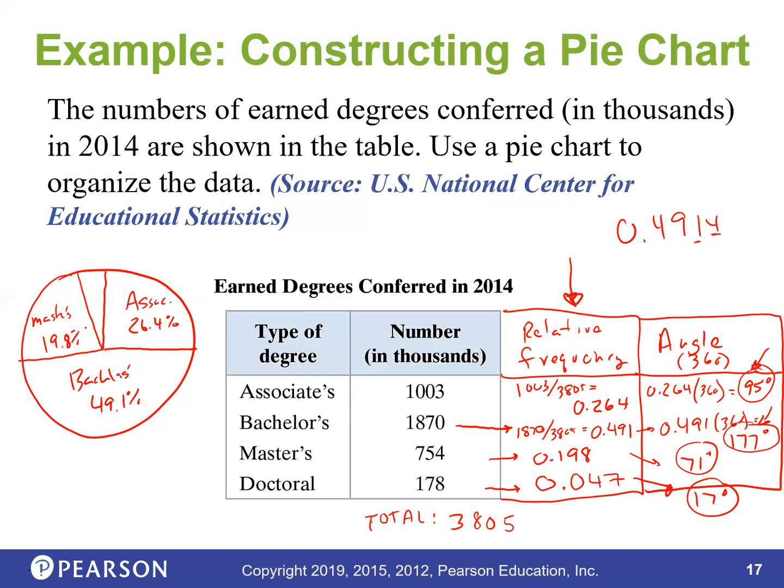And the doctoral degree, there's no room, so I'm going to have to write it outside. Doctoral, put the percent outside. I can sometimes put the percent inside, but I usually like to have the percent close to the number. So how about 4.7%? And then I'm going to have to put an arrow here. So the arrow says I go right there.